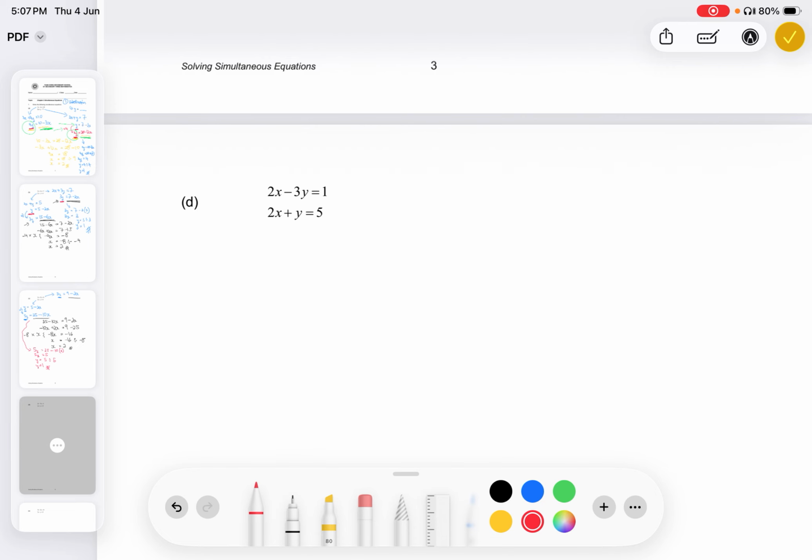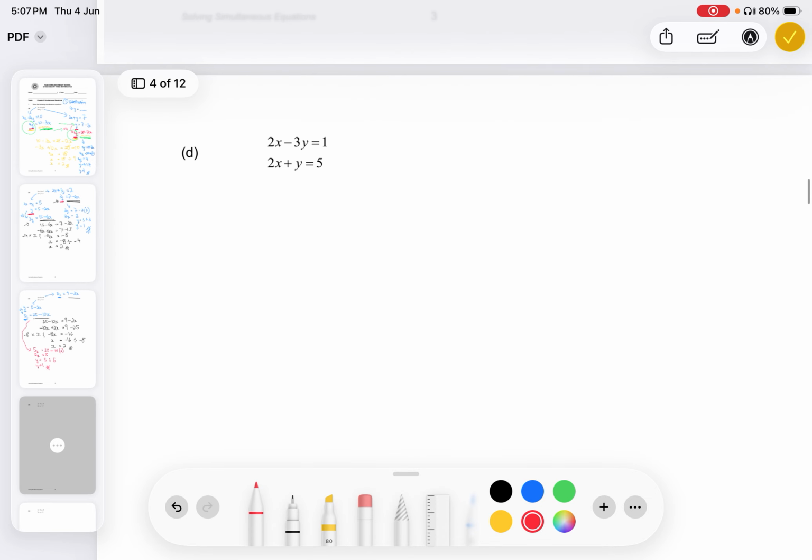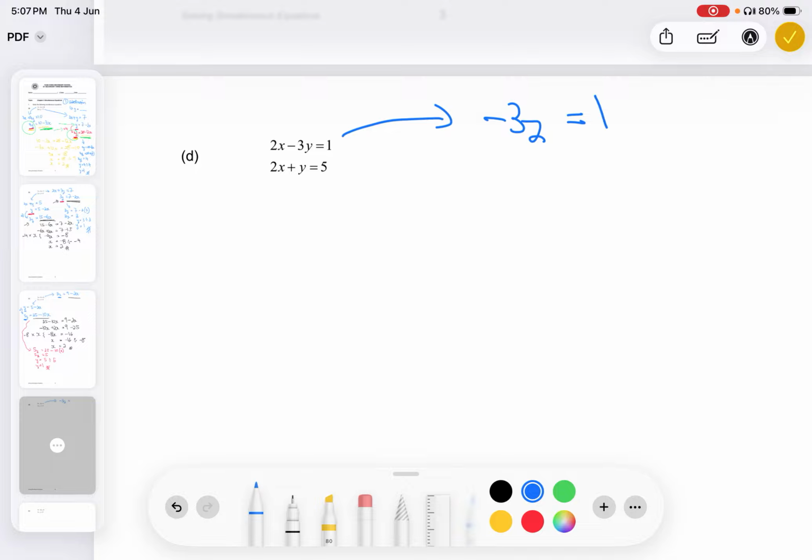So it will be the same steps throughout. If any time you need to, you can just pause the video or you can rewatch again. So I'll show you again. Look at this part. So I make y the subject. Minus 3y is 1 minus 2x. This one will be y will be 5 minus 2x.